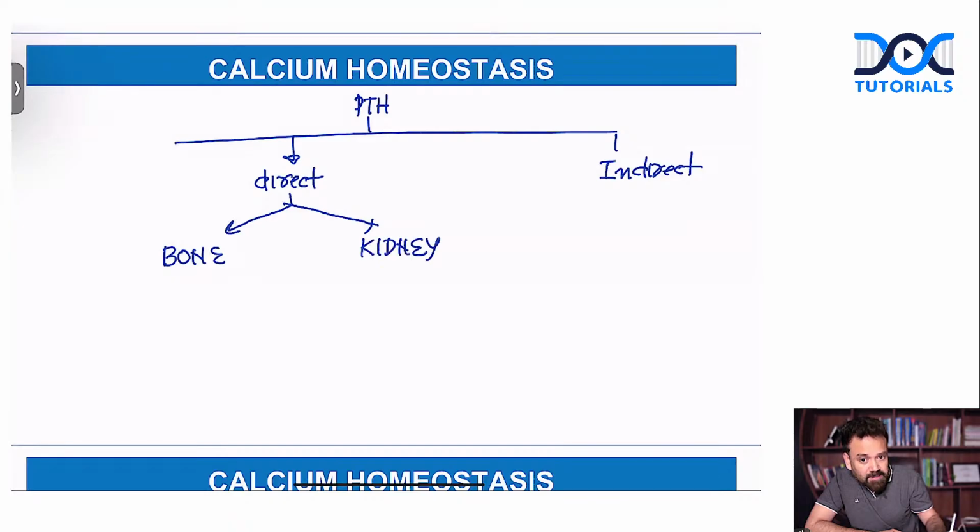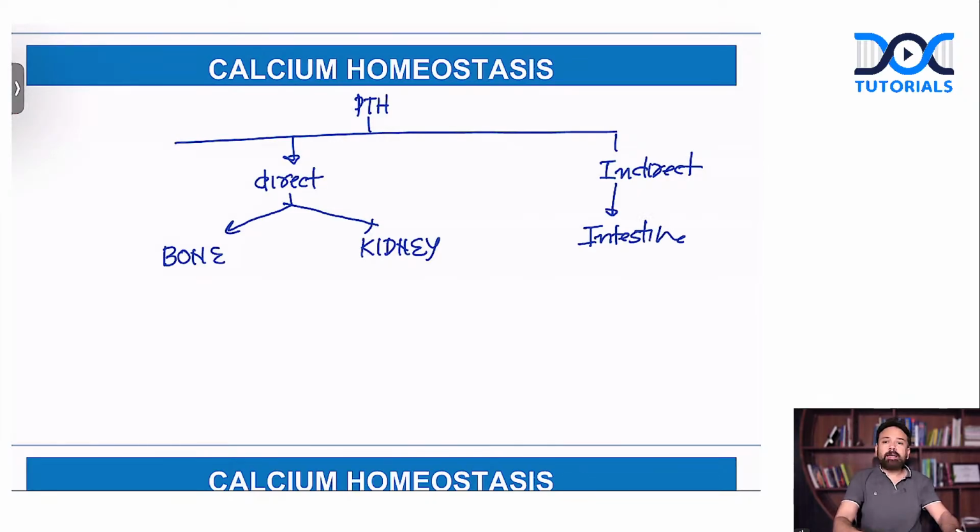So parathormone is acting directly on the bone and kidney. I will discuss in detail how they are acting, what you have to write in the exam. Indirect action is on intestine. So there are two types of action, direct and indirect. Directly it is acting on bone as well as kidney. Indirectly it is acting on intestine.